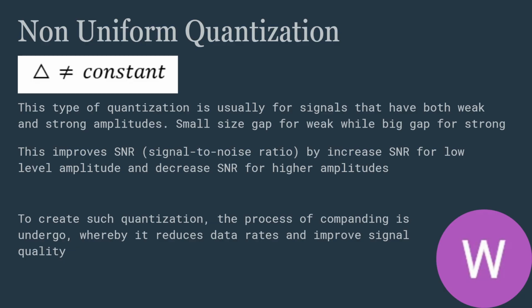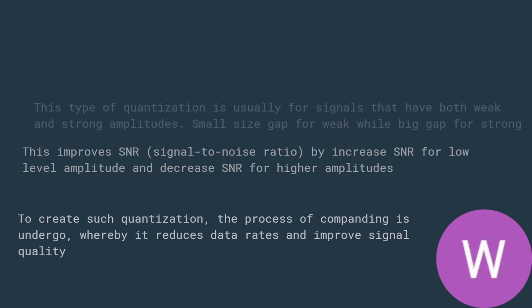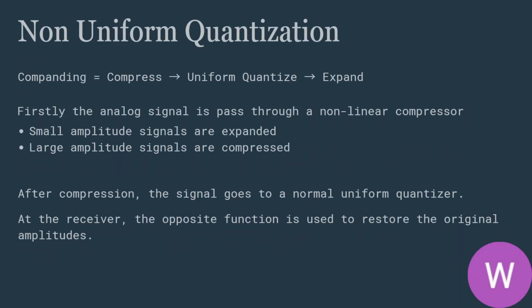In order to create this type of quantization, the process of companding is used. Companding is a process used in digital systems where it reduces the data rate and improves the signal quality. Companding has many stages, mainly compress, then uniform quantize, and then expand.